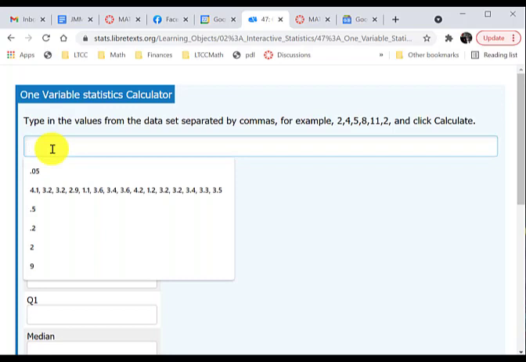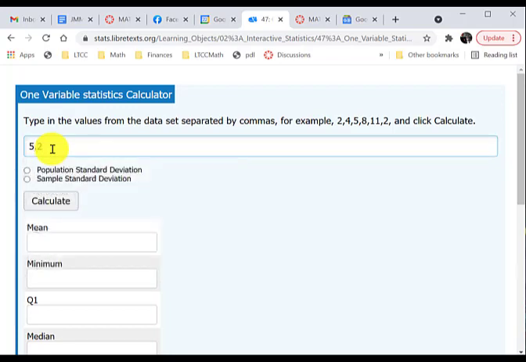So we have 5.2, and then comma, and then 4.9, and then comma, 5.4, comma, 5.0, comma, 5.2, comma, and 5.5.